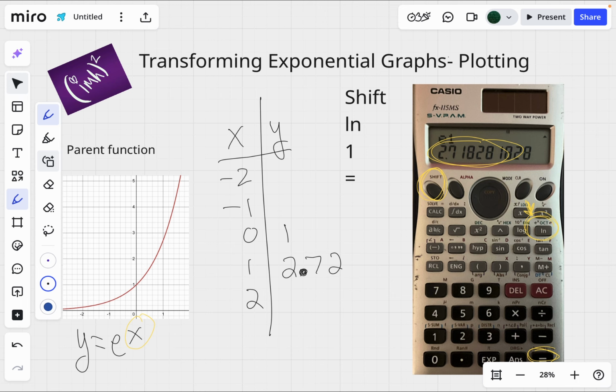Okay, so let's do e to the 2nd power. Your calculator might be a little bit different, but we should still get the same values, so it should be 7.39 if we estimate to 2 places after the decimal. And then let's do e to the -2.